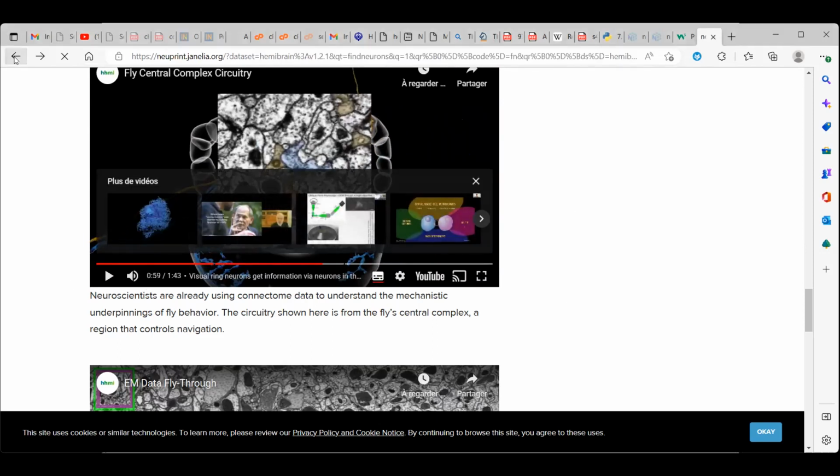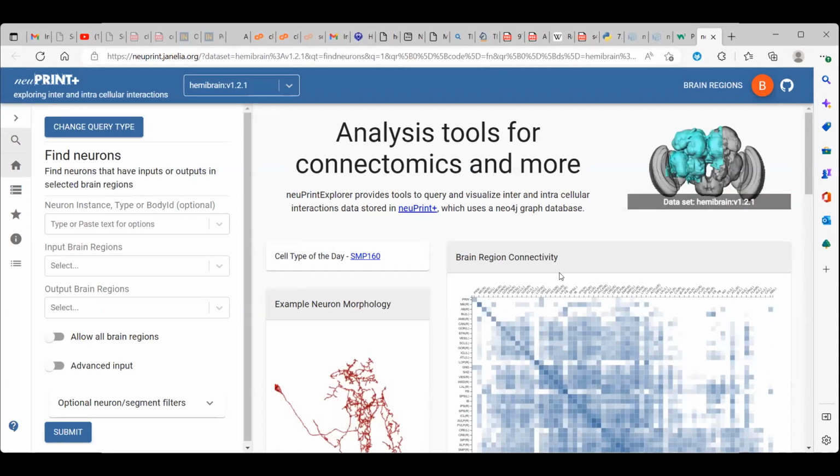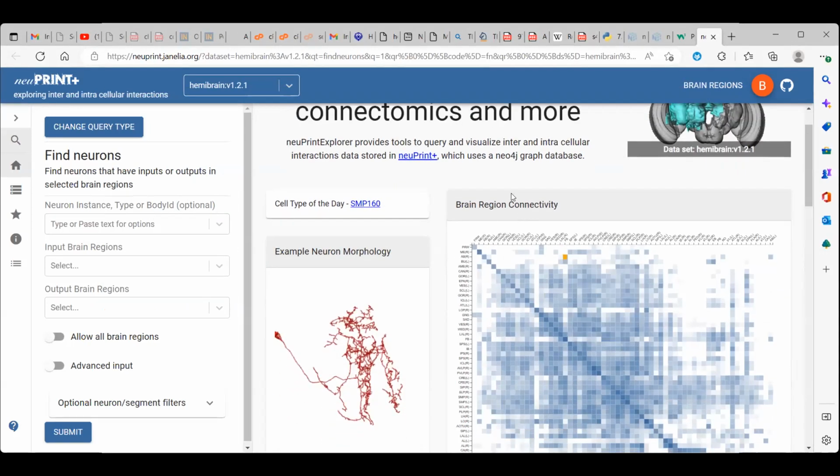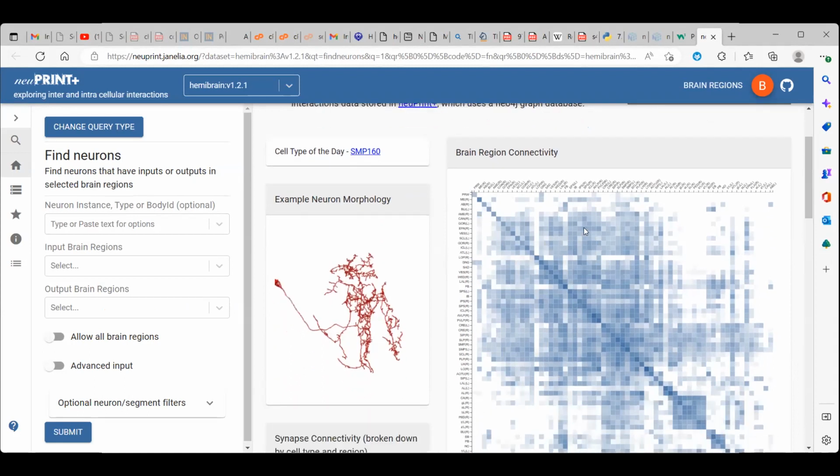Okay, let's come back and try to illustrate. You have the brain region connectivity. Here you have some neurons, and how neurons connect together.